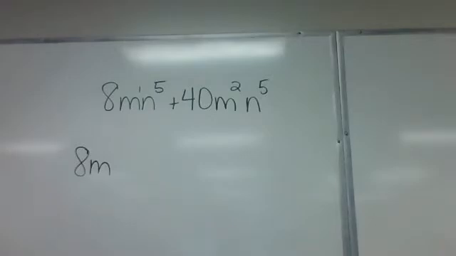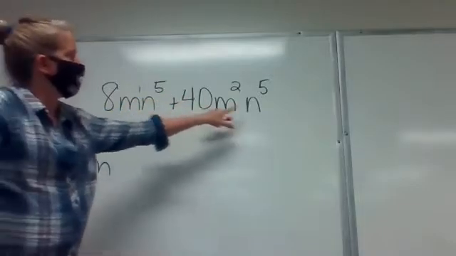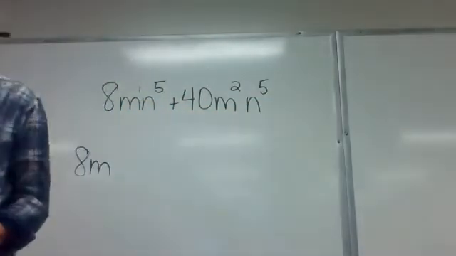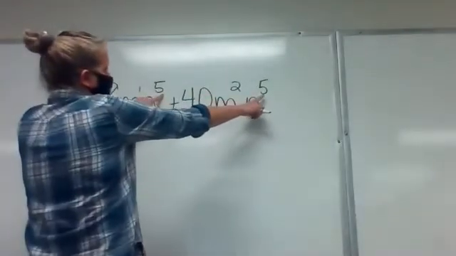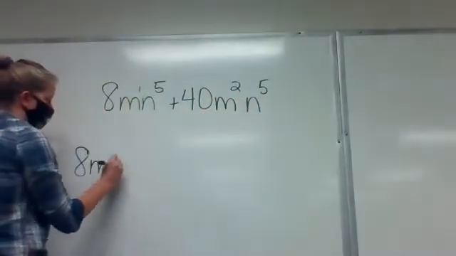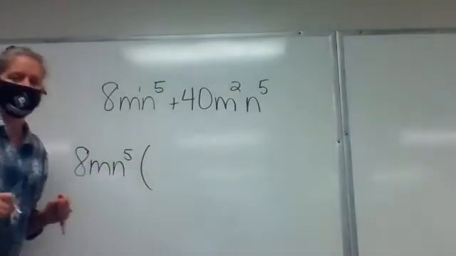Do they both have n in common? The letter n. So n to the 5th here and n to the 5th here. So they do have n's in common, and the smallest exponent, since they're the same, is n to the 5th. Put in parentheses what is left.